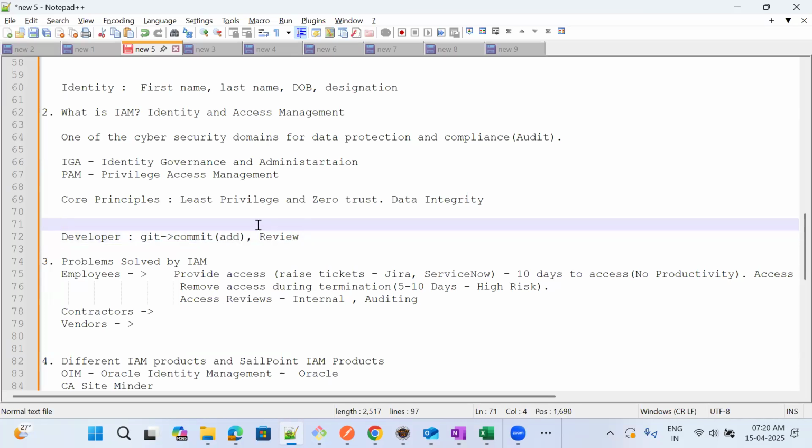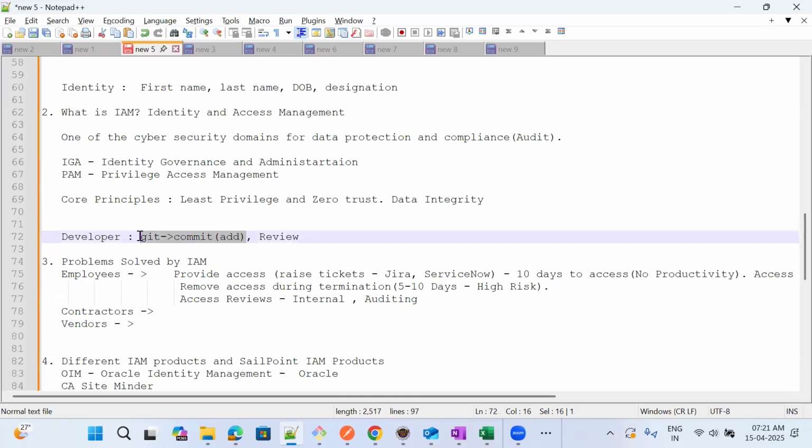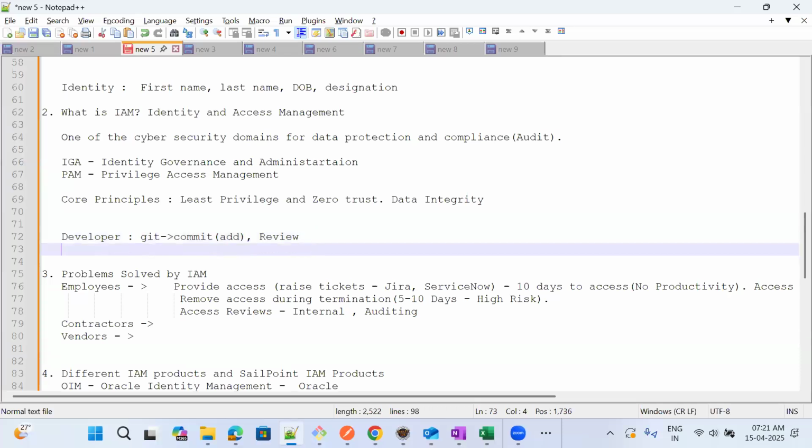Whenever we are following least privilege, we have to make sure that we are providing only the access that is required, not more than what is required. And at the same time, as I said, we should not provide access less than what is required. For example, we have only given read-only access, and we have not provided access to add.